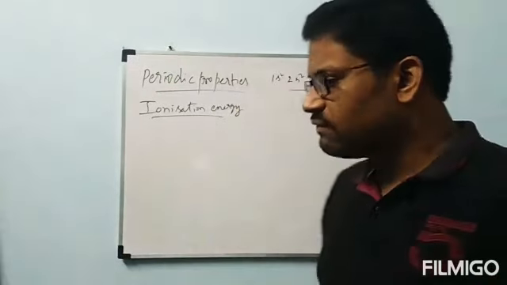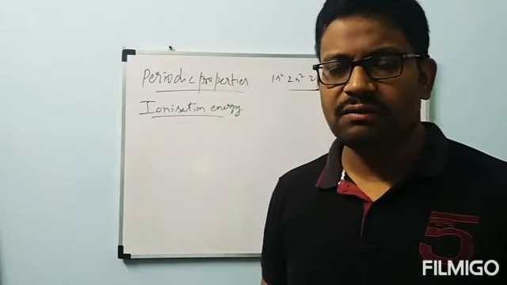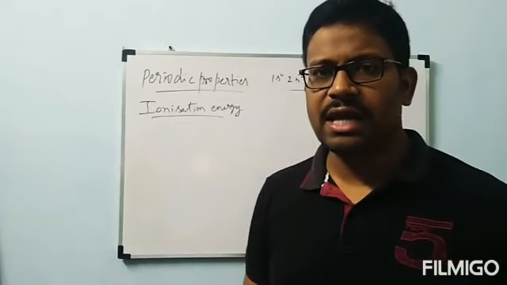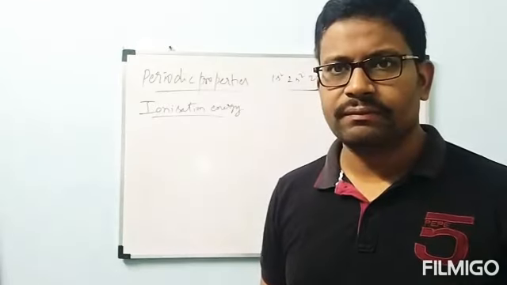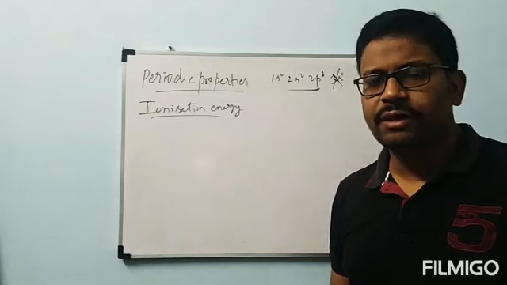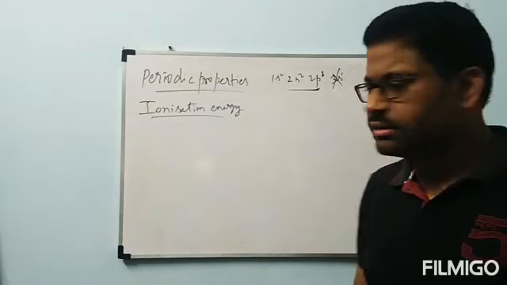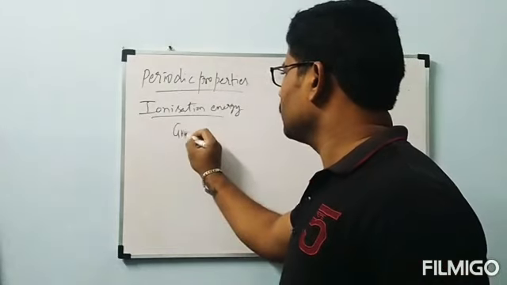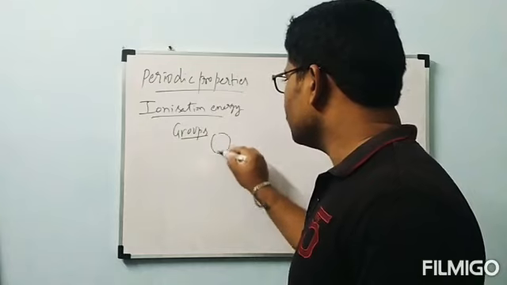Now, what is the definition of ionization energy once again? The minimum amount of energy required to remove the electron from a neutral isolated gaseous atom is called ionization energy. See how ionization energy is affected in groups and periods. In groups, top to bottom, what happens to size?